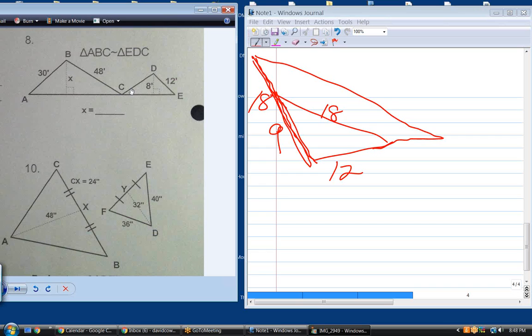So now we have our similar parts. What is the ratio between the triangles?